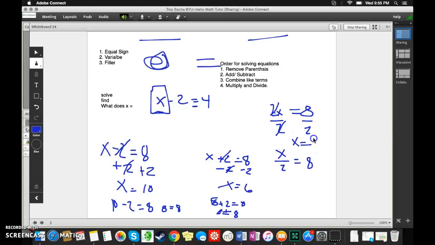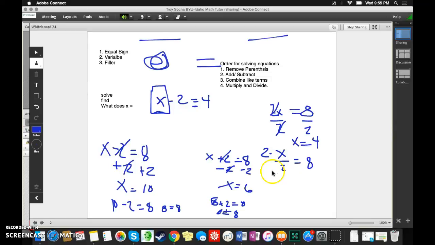Now 8 divided by 2 equals 4. And you'll see if we plug it back in, 4 times 2 does indeed equal 8. Now we're going to solve for algebra using this method, x over 2. In this case it's divided by 2, so we need to multiply because that's our inverse process.